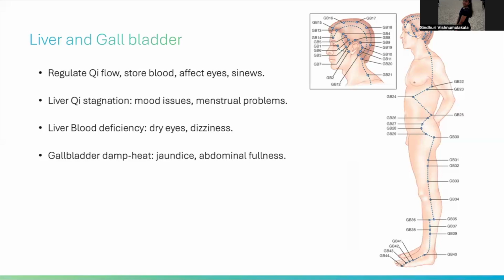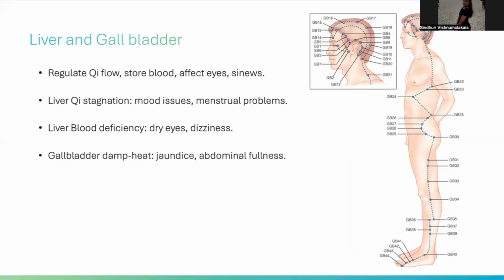Now, for the gallbladder, the principal disease associated is a disorder affecting the flow of bile caused by dampness and heat. This is manifested by pain in the region of the liver, an oppressive sensation of fullness in the abdomen, and yellowish eyes, skin, urine, and tongue.